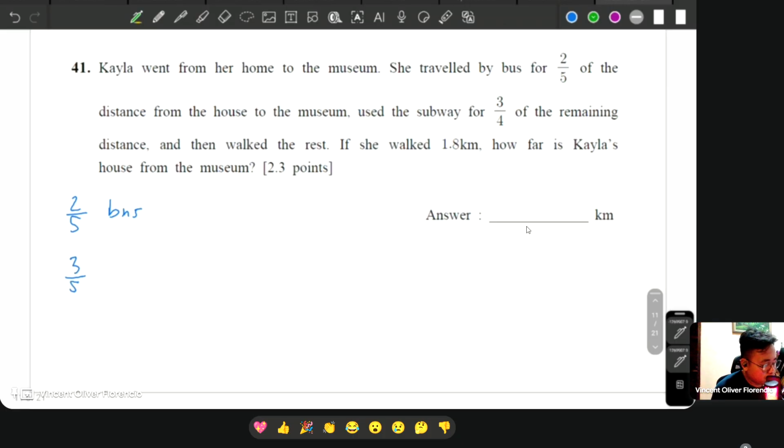However, on that remaining distance, the 3/5, 3/4 of that, what did you ride? You have your subway, right? 3/4. Are we clear?